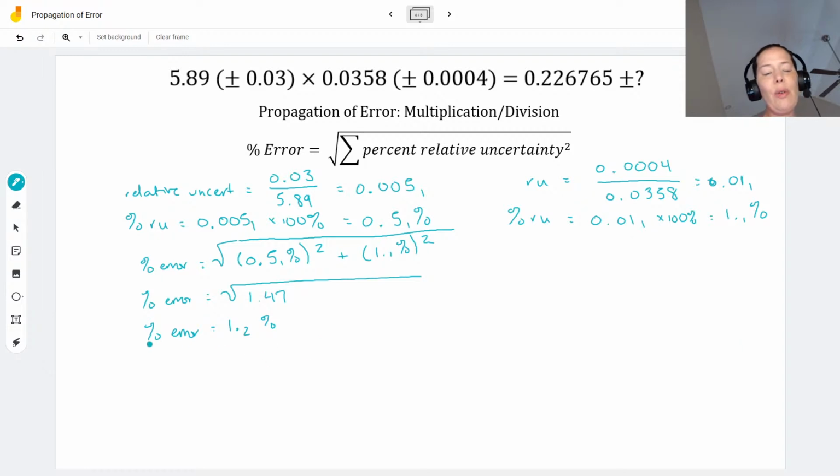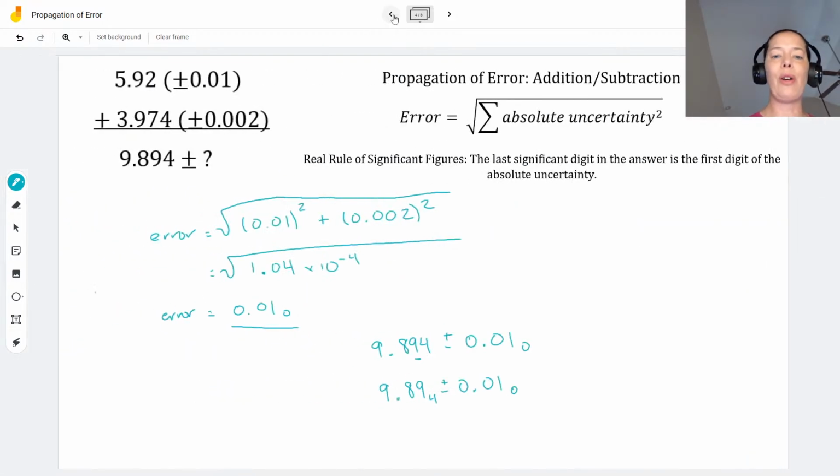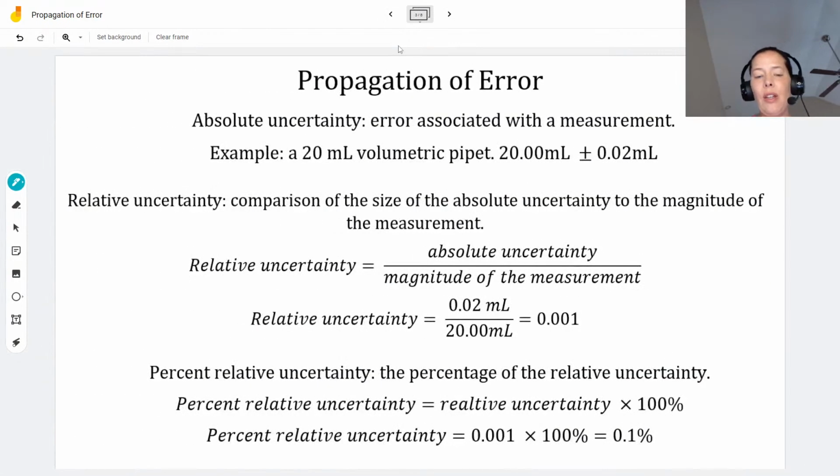And what we need to do is take this percent relative uncertainty and turn it back into an absolute uncertainty. Okay, so this is where, again, it might be helpful. Let me just pop back to our equations. So we've got a percent relative uncertainty. We will then calculate a relative uncertainty. And then once we have our relative uncertainty, we can get back to our absolute uncertainty. So we're just moving backwards now.